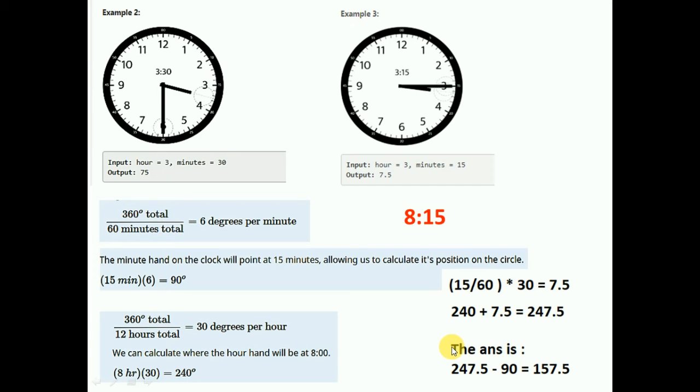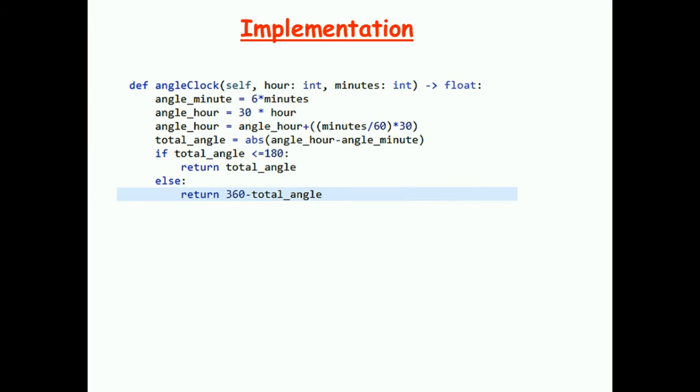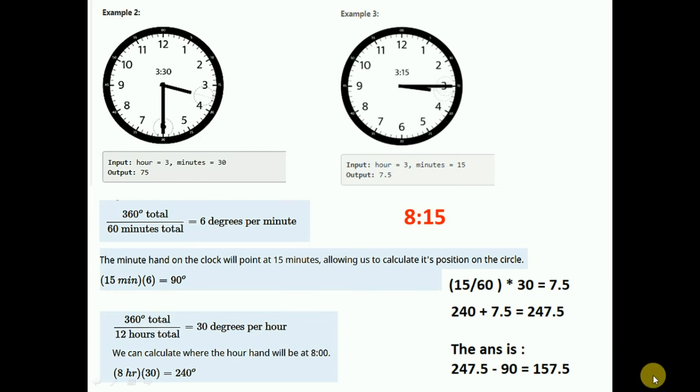15 minutes is 1/4 of 60. So 15 minutes is 1/4 of 1 hour.